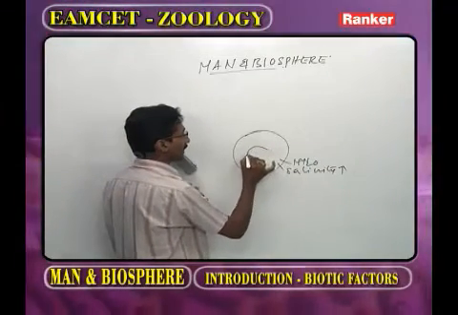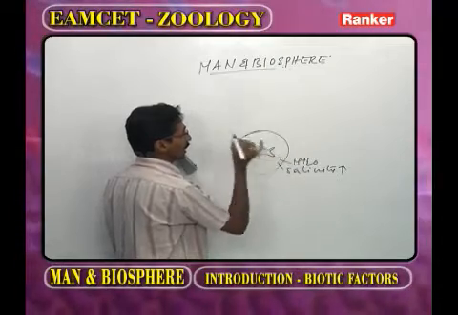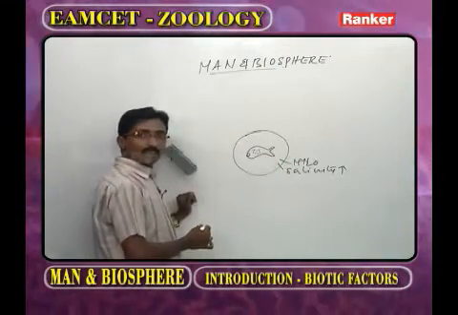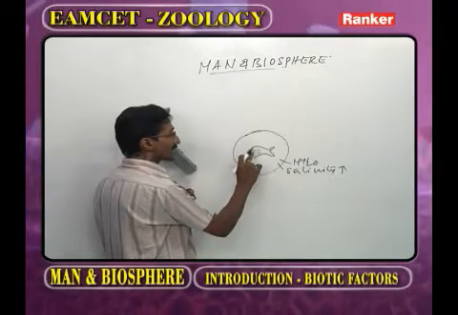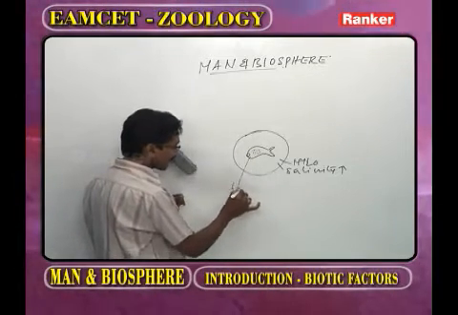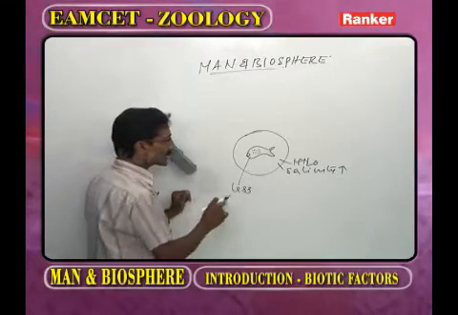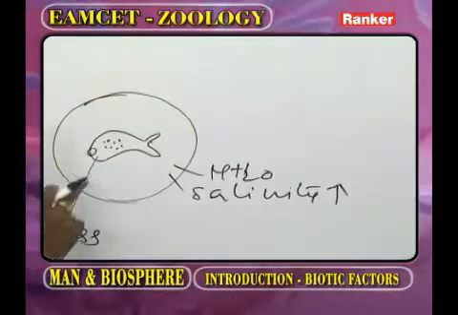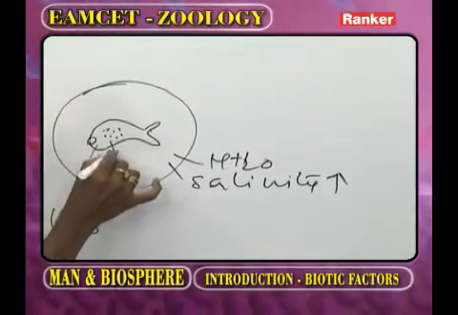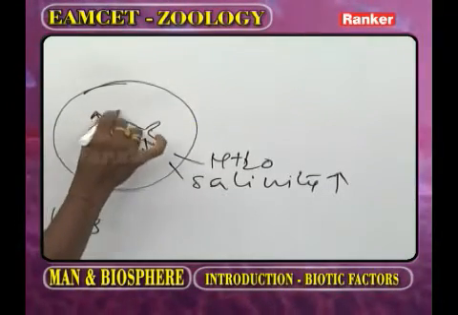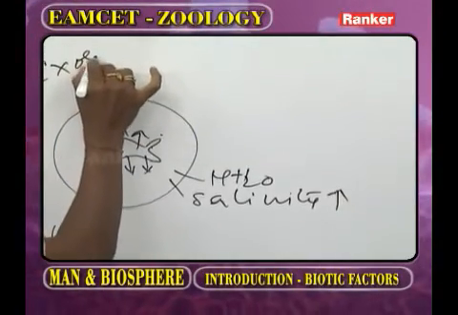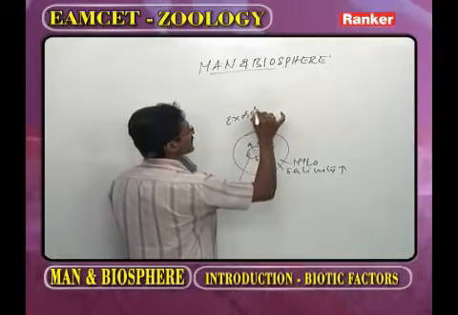Now in the marine water, this is one organism. As we observe the body fluids, the concentration of body fluids of the marine organism is less. So in the marine organisms, from low concentration to high concentration, the water comes out. That process we call exosmosis.